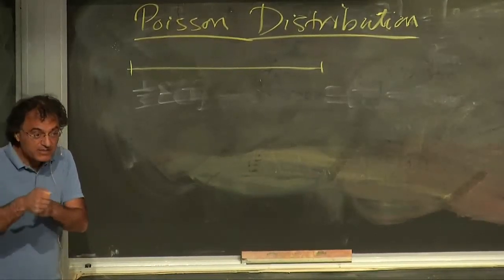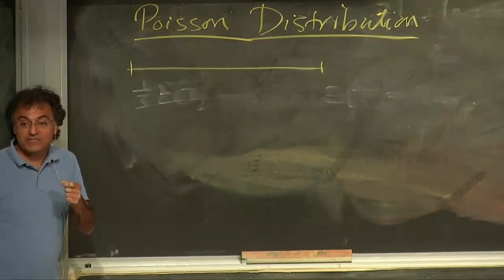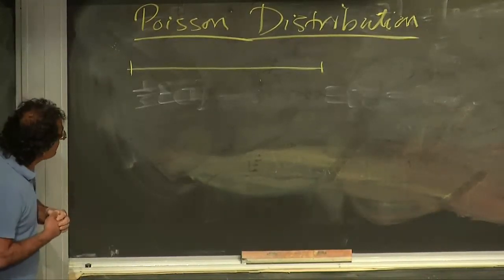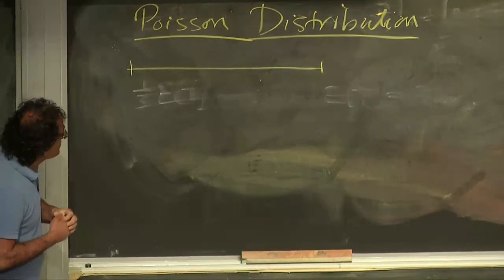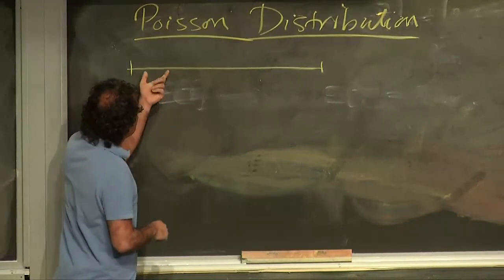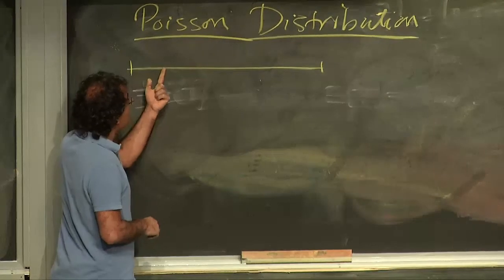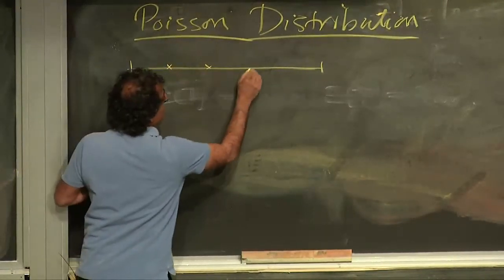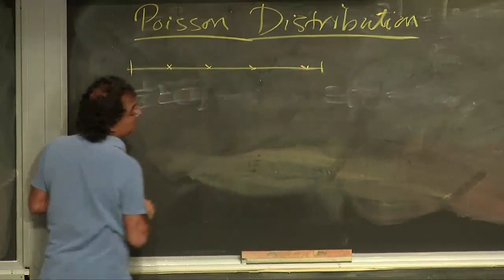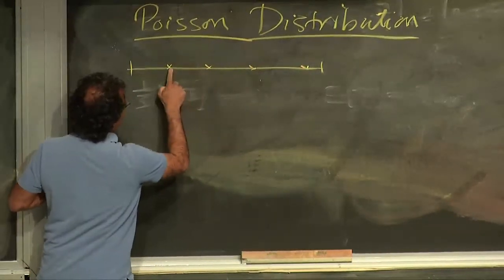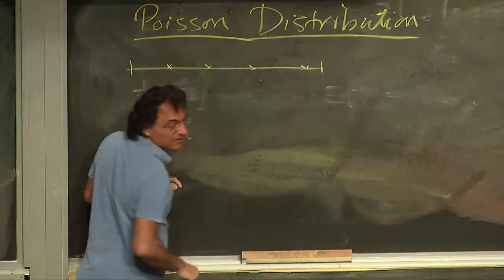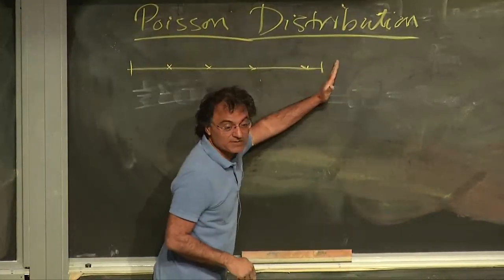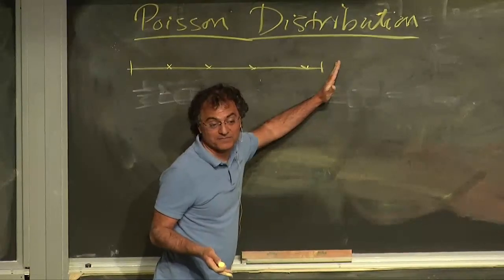So how many times did it detect a particle being emitted, radioactive decay being emitted, right? And in fact, when the radioactive decay actually occurs, that's a continuous variable, right? It could happen at any particular point in time, right? But how many times it happened in this interval, that's a discrete set.